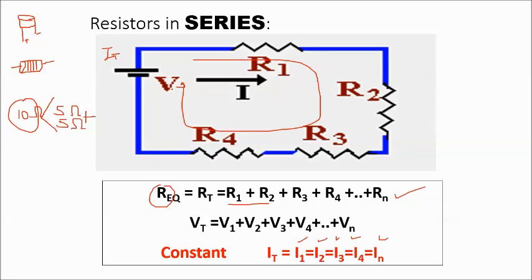While for V total, there is a potential drop: V1 for R1, V2 due to R2, V3 due to R3, and V4 due to R4. To check, total V1 to V4; the total must be equal to V total. There should be no excess, and it can't be short either.